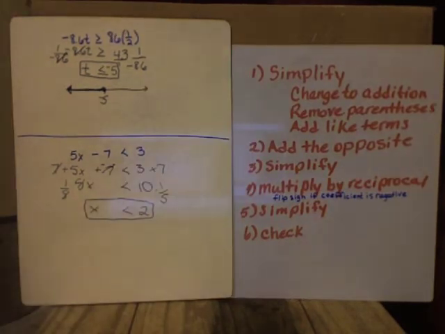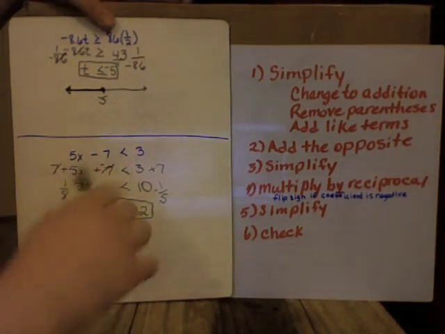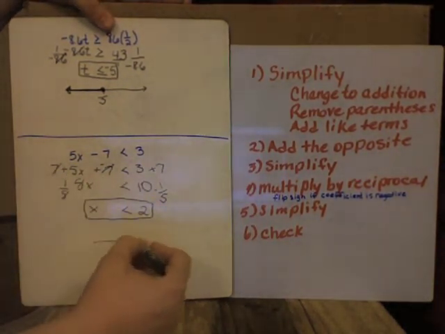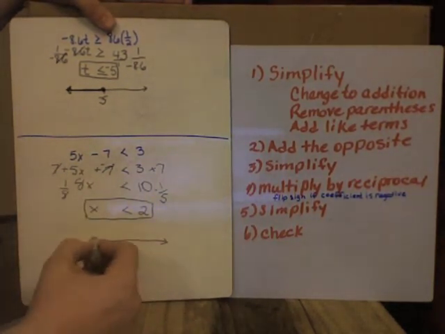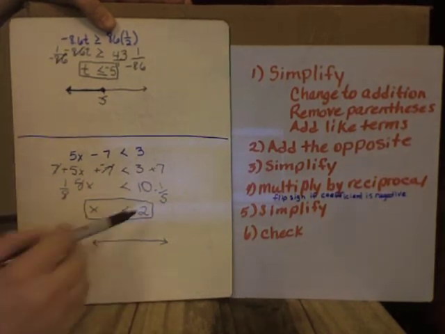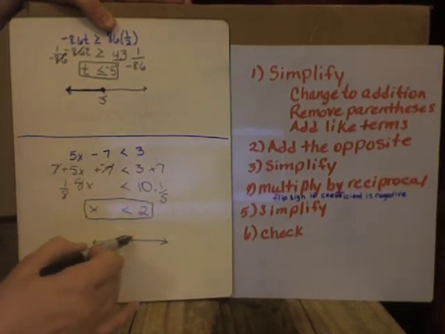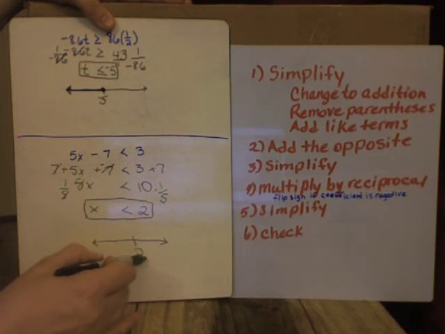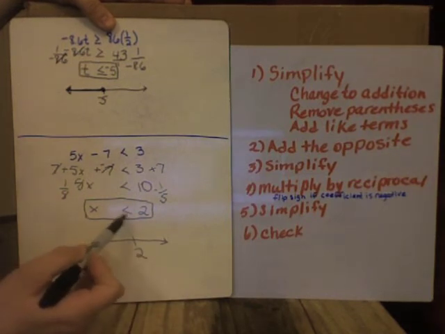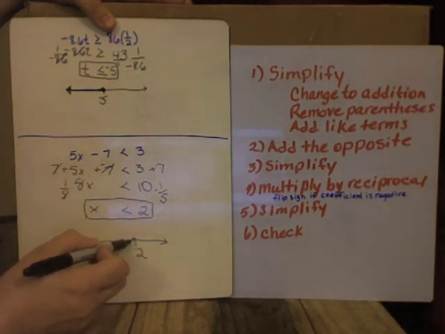The answer to this inequality can also be shown on a graph. We would first draw our number line, mark the most important number, which in this case is 2. There is no equal sign underneath of it, so we put an open circle.